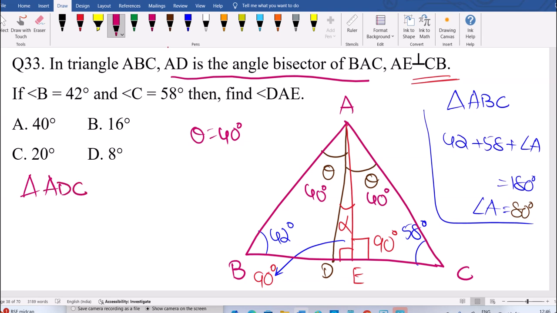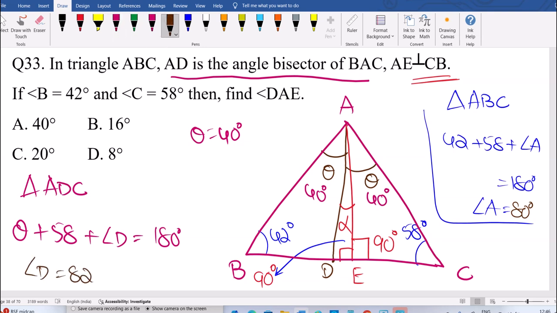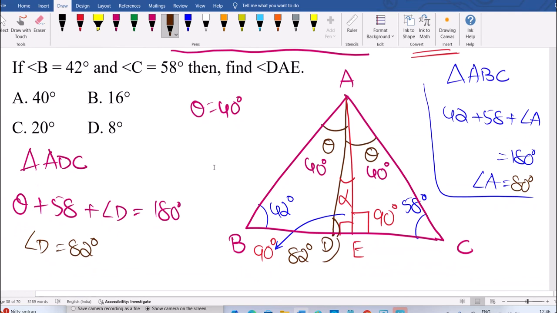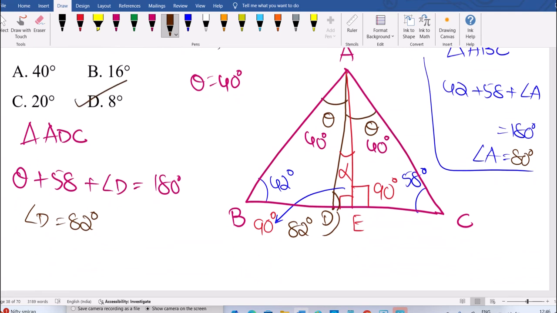In triangle ADC, theta plus 58 plus angle D must be equal to 180. Theta is 40, 98 already. Now angle D should be 82. Now this is 82, dear, this angle. So one is 82, one is 90, the other one should be 8, then only all these angles add up. So it should be 8 degrees.